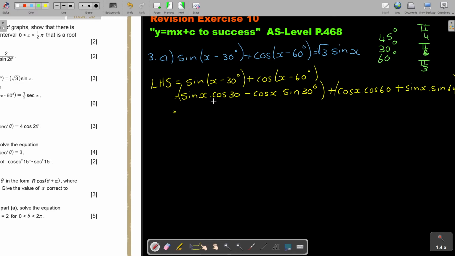So I see cos 30, I see sin 30, I see cos 60, I see sin 60. Go draw that triangle, and I'm going to draw it here for you.